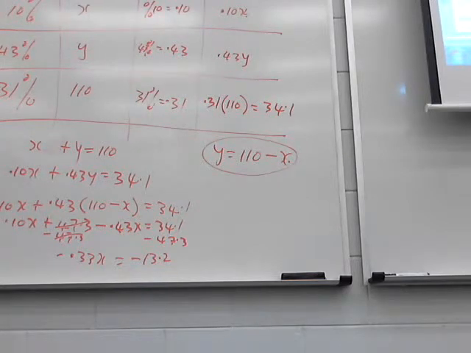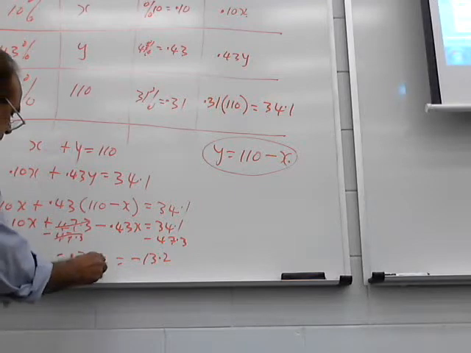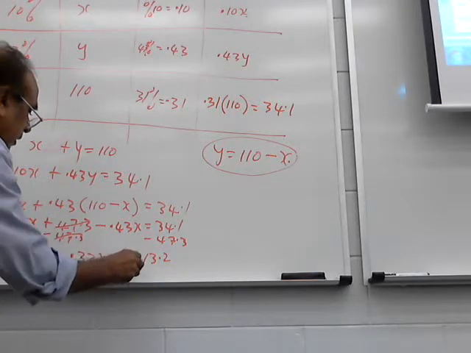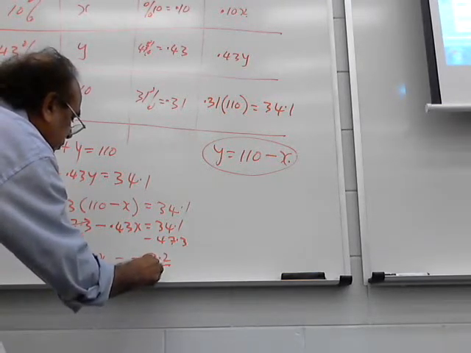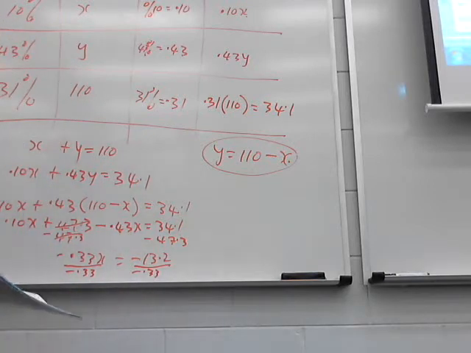Now, what's left for us to do here is to divide both sides by minus 0.33. We'll divide both sides by minus 0.33 and do the same thing here, minus 0.33. Our answer will come out positive because negative divided by negative will give us plus.